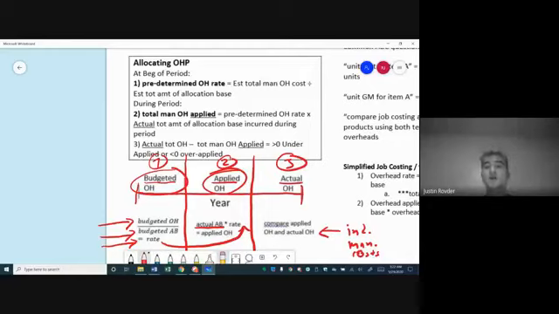So if you over applied $100,000 in overhead, then that's kind of a problem because you spent $100,000 too much. Whereas if you budgeted $100,000 more in overhead, that's still an issue, but it's more of an issue for your analytics team. It doesn't carry any fiscal weight unless you acted on it fiscally. So again, do not compare the budgeted with the actual. Only compare the applied overhead with the actual overhead.